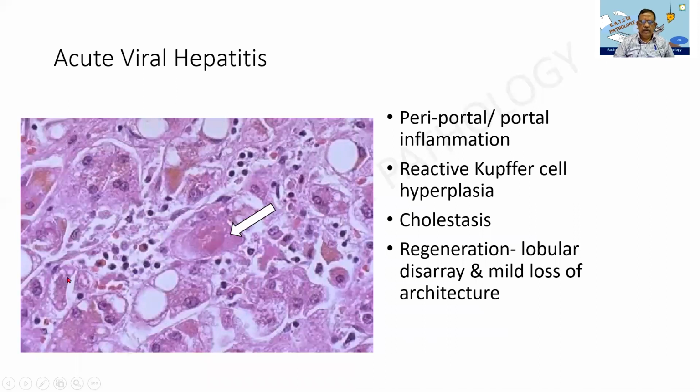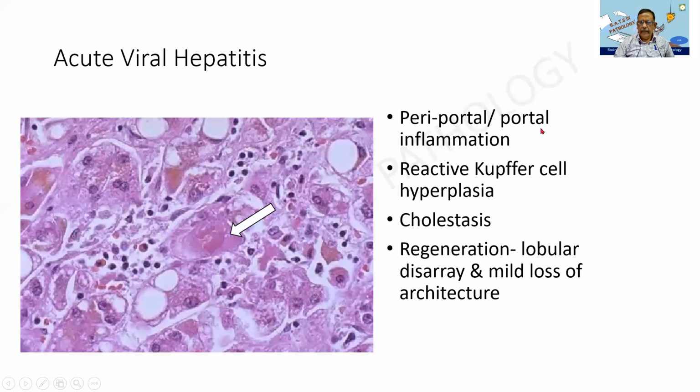Another thing that we should remember will be the hyaline inclusions. These hyaline inclusions can be seen in viral hepatitis, or they can be seen as Mallory's hyaline in alcoholic liver disease. They can be seen in Wilson's disease, as well as in hepatocellular carcinoma. The classical hallmarks of viral hepatitis will be a periportal and a portal inflammation.